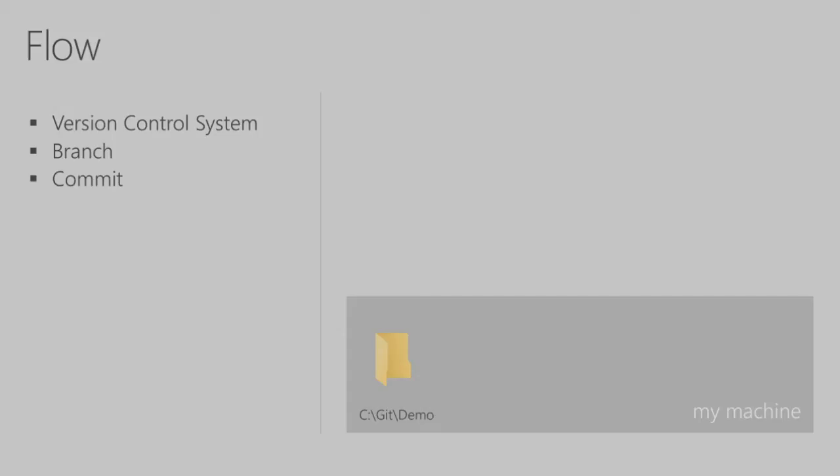So we're going to start very simple. Let's see if my machine is still on. Yes, it is. So let's start with version control system. If you look at a normal folder on your machine, nothing fancy, what's different when a version control system comes in?